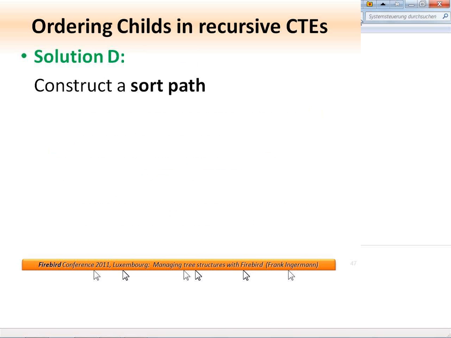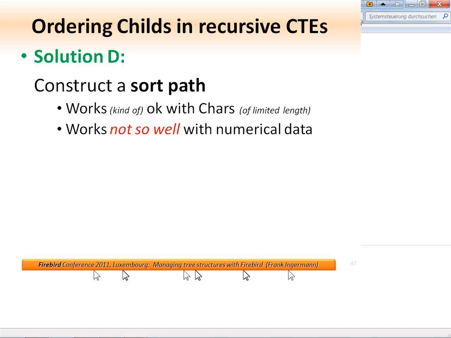The next option, and one that you actually find for other databases too, like SQL Server and MySQL, is basically the same trick. And that is the CTE constructing the sort path, which works kind of okay with characters. It's not so good with regular data.